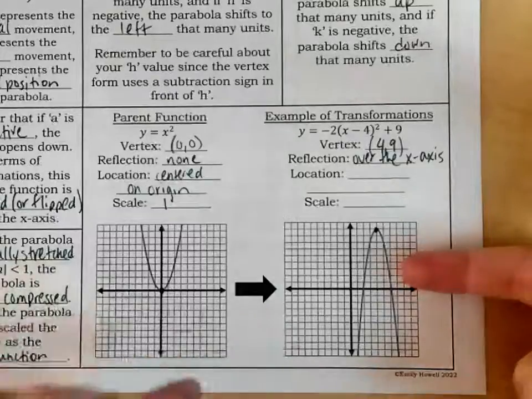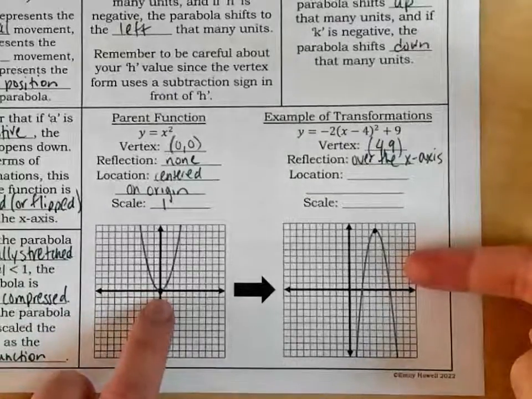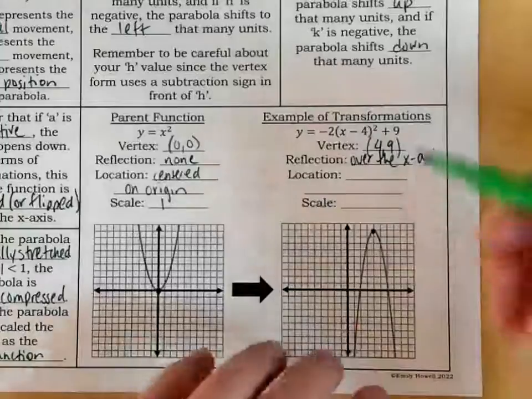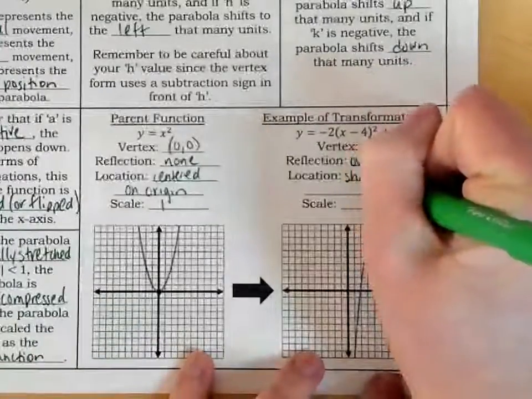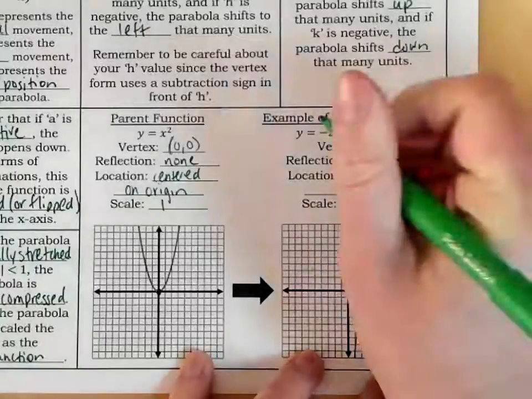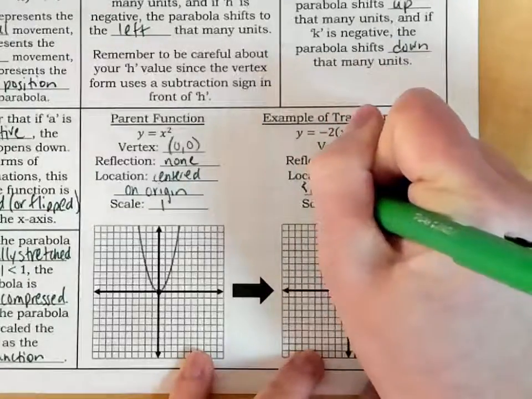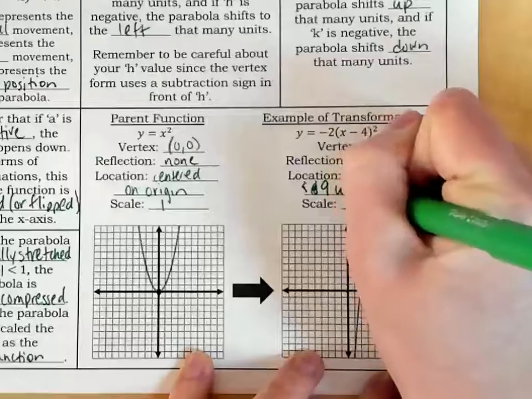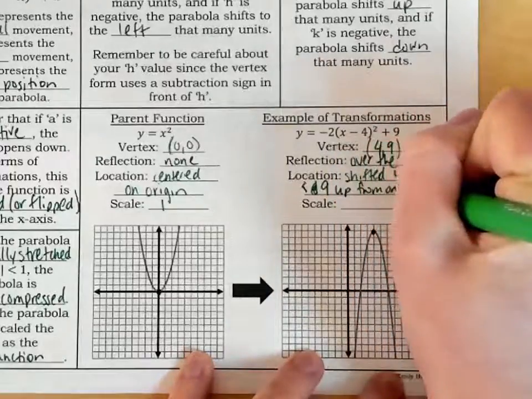Now, as far as location, it was centered here on that middle part, and then we discussed how it has shifted 4 to the right and 9 up from the origin.